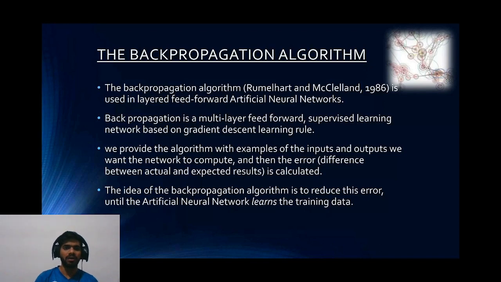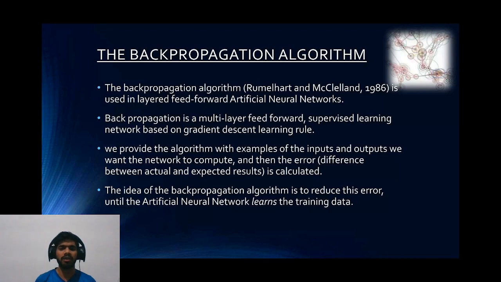Now, the backpropagation algorithm. The backpropagation algorithm, Rumelhart and McClelland 1986, is used in layered feed-forward artificial neural networks. Now, backpropagation is a multi-layer feed-forward supervised learning network based on gradient descent learning rule.